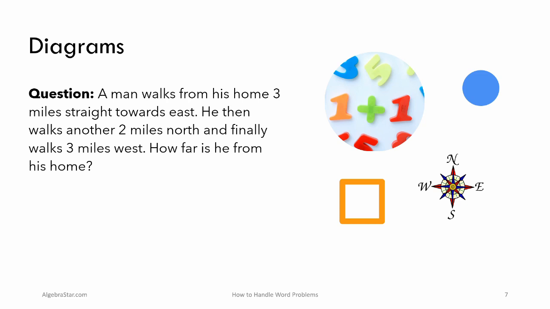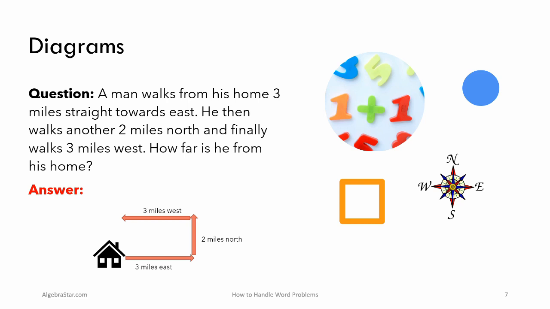So let's start with a man walking from his home 3 miles straight towards east. So that's his home, and he's going 3 miles straight towards east. Then he walks 2 miles north. So that would be that direction and 2 miles. And finally, he walks 3 miles west, which would be that direction and 3 miles.